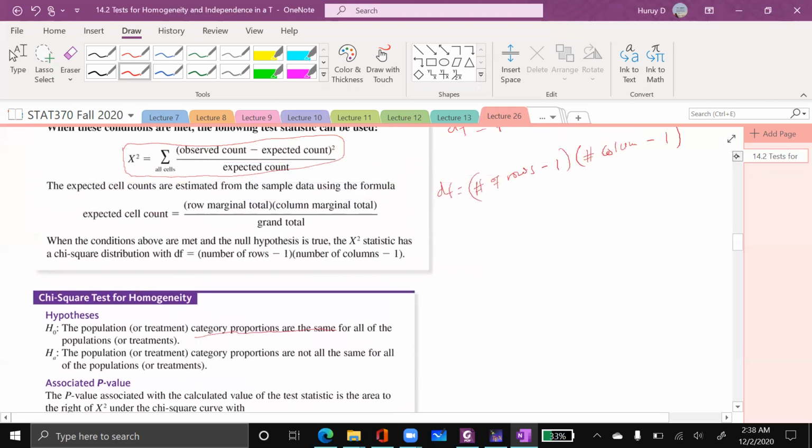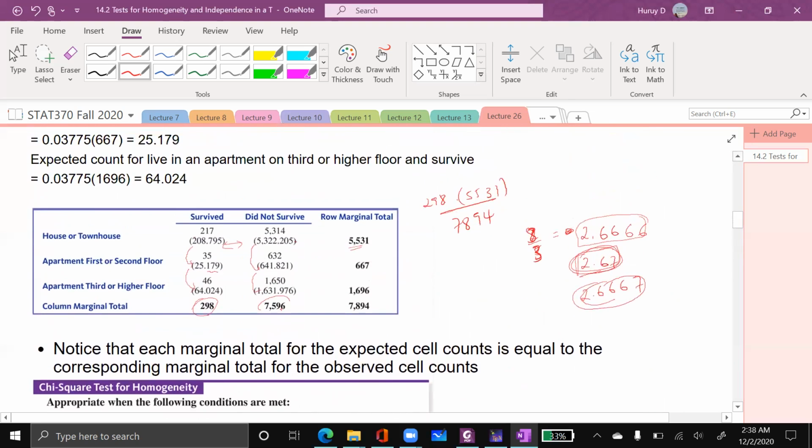So going back to this example, what we mean by this is, for example, the survival proportion here. We are comparing the survival between these 3 groups, people who live in these 3 groups, whether it is all the same or not. So basically, does it matter living here, here, or here? Let's say if the survival rate for this one is lower, it doesn't mean this has an effect.